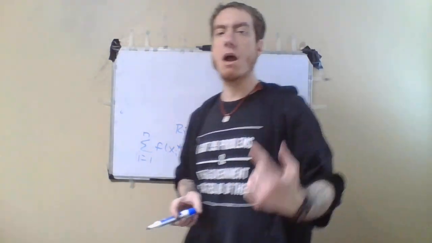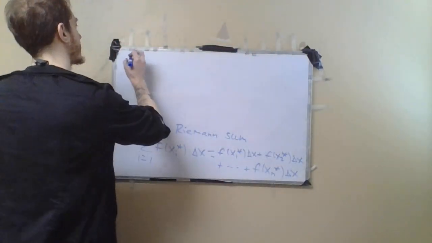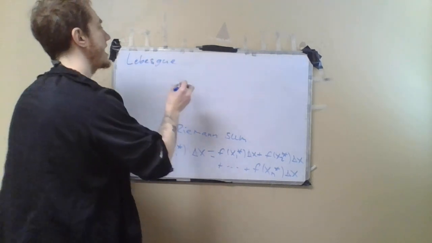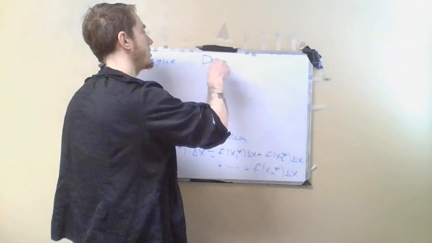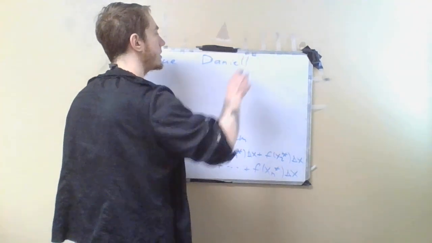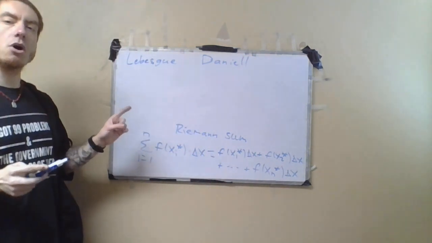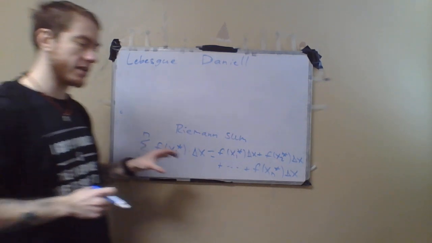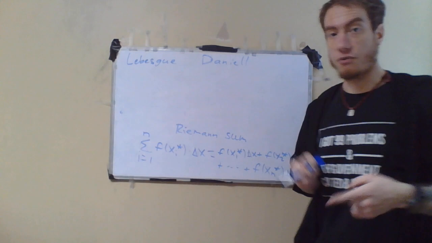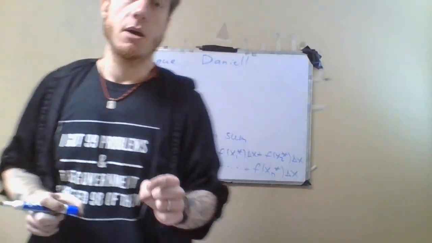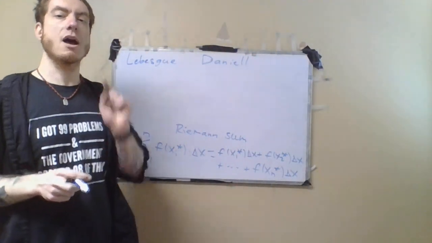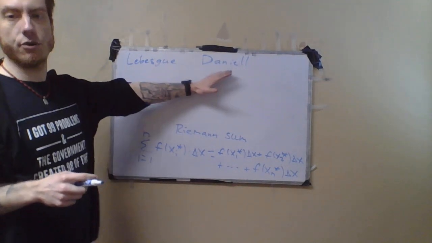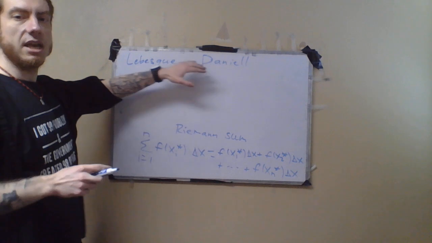So later on, a French mathematician named Lebesgue and somebody else named Daniell came along and came up with other methods for making these notions rigorous that are better from a technical perspective. But they are also much more complicated from a technical perspective. So for that reason, we are not going to be studying their approaches in this class.